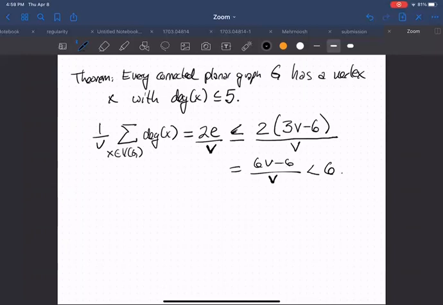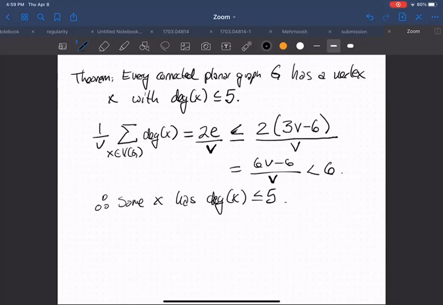Okay. So therefore, some x has the degree of x less than or equal to 5. Has to be less than 6, and it has to be an integer, so it has to be less than or equal to 5.